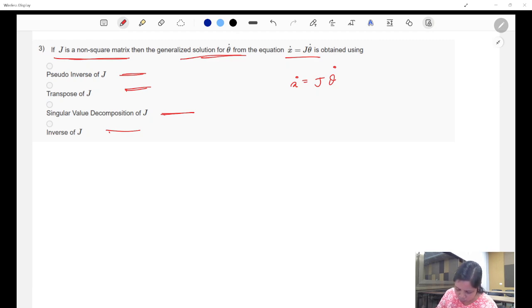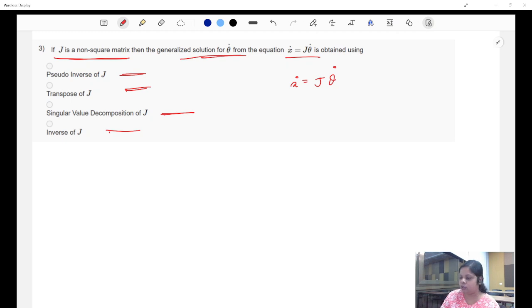SVD is also a method to compute the pseudo inverse, but it is not the final solution, right? You might have seen this already. And the inverse of J does not exist for any non-square matrix, so that is also a problem.